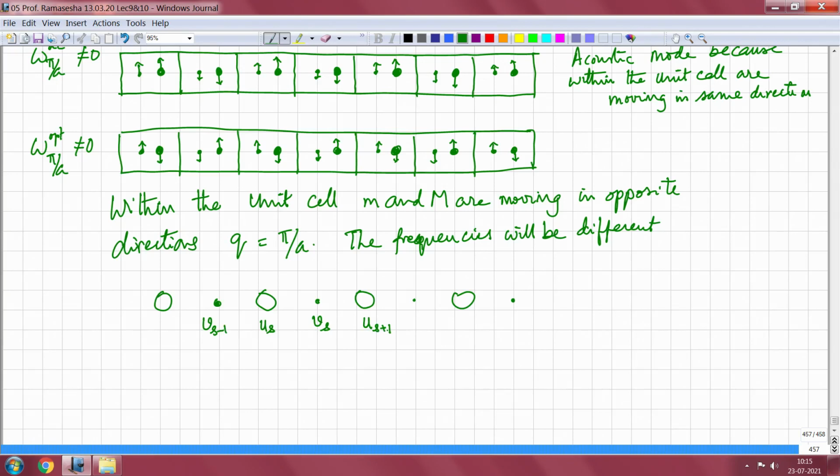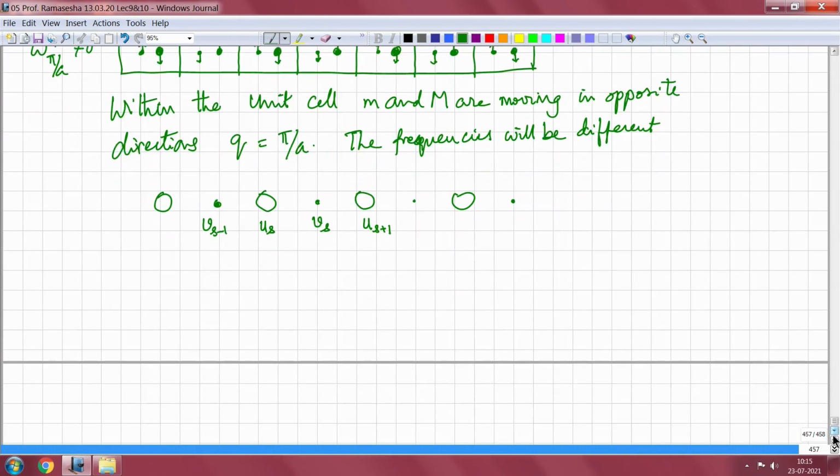Now let us see what is the bond displacement for the small atom. To the right side, the displacement is us plus 1 minus vs, and to the left side it is vs minus us.